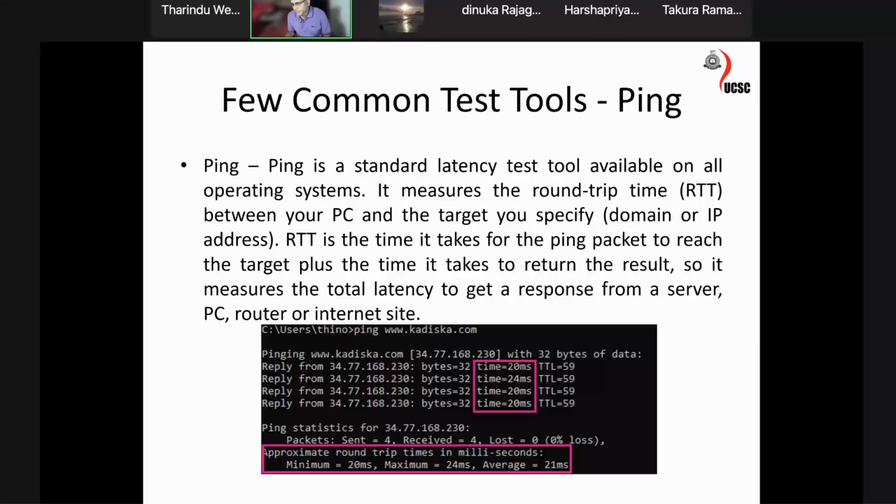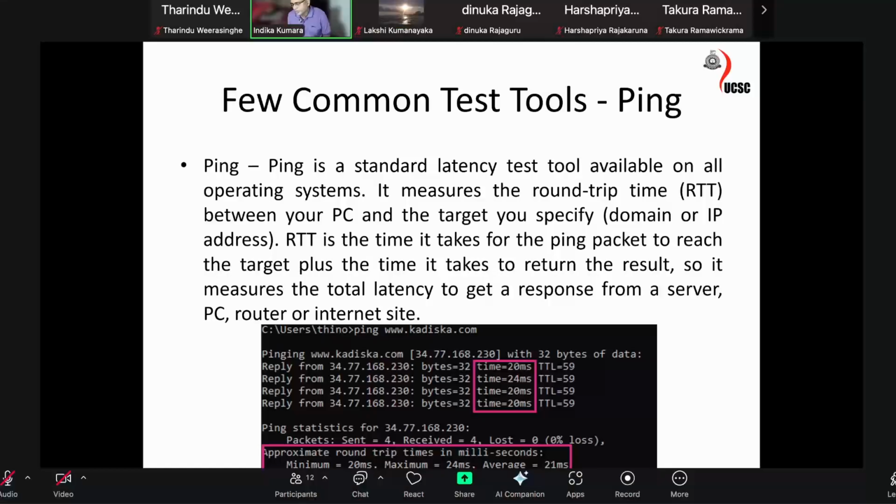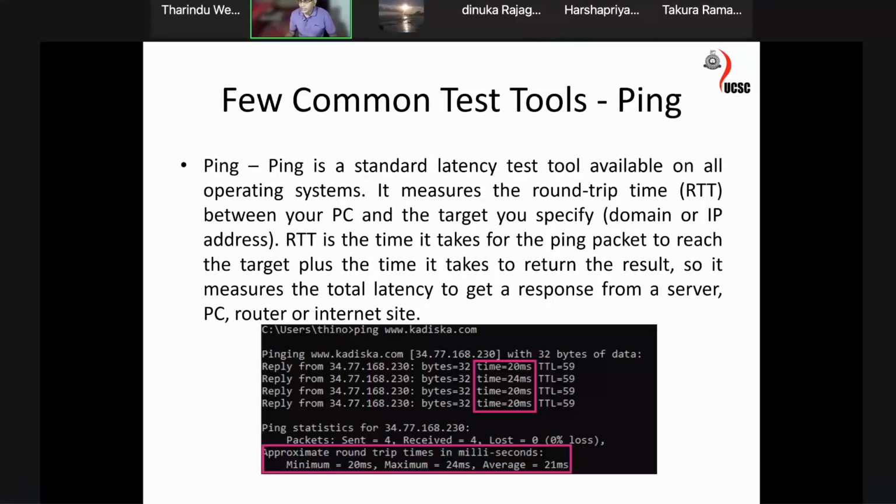Ping is an application built on top of the TCP/IP stack protocol named ICMP. When we discuss details of the TCP/IP model, we can discuss where ICMP sits and at which layer. So ICMP is a layer protocol.